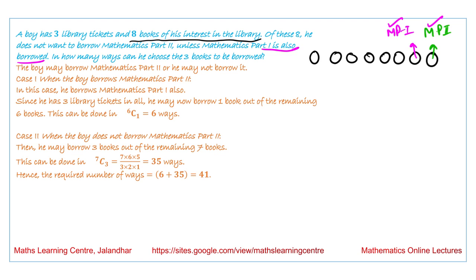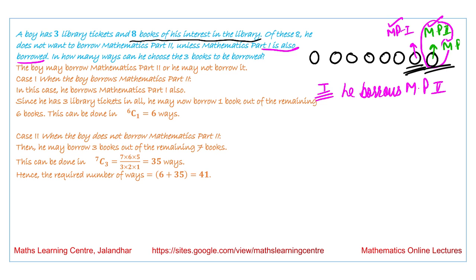So he has to choose 3 books. So in the first case we are saying, suppose he borrows mathematics part 2. In this case, he has to choose mathematics part 2, and automatically he has to choose mathematics part 1.